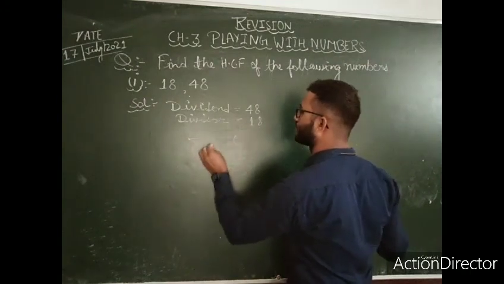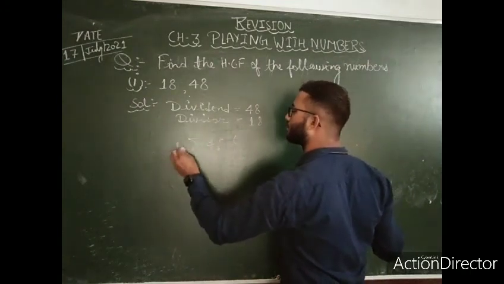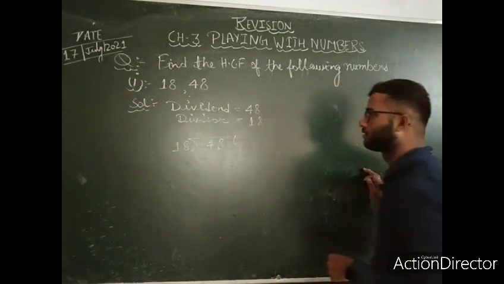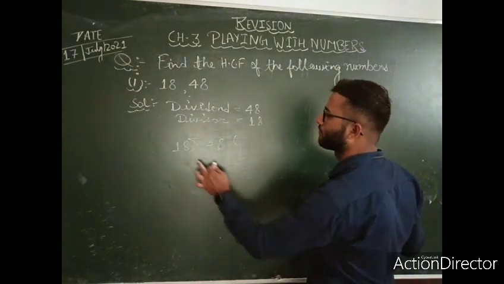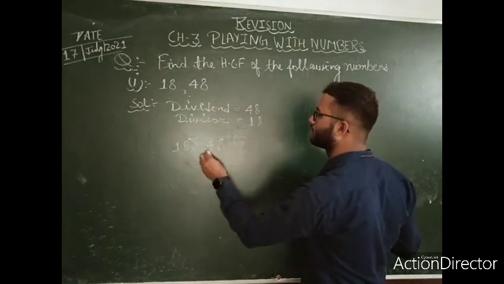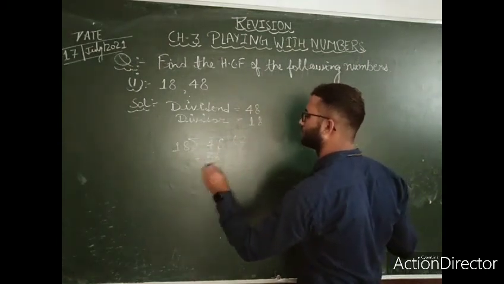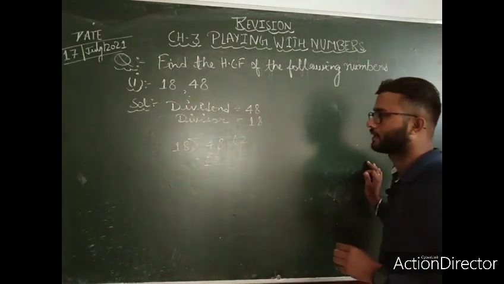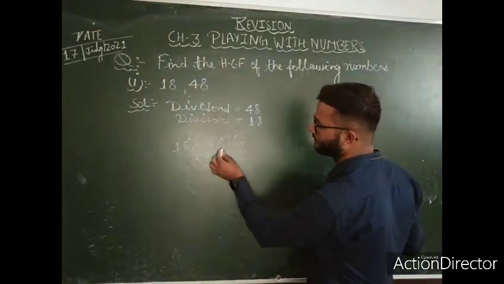Now we divide 48 by 18. 18 twos are 36, right? Now we subtract these numbers.